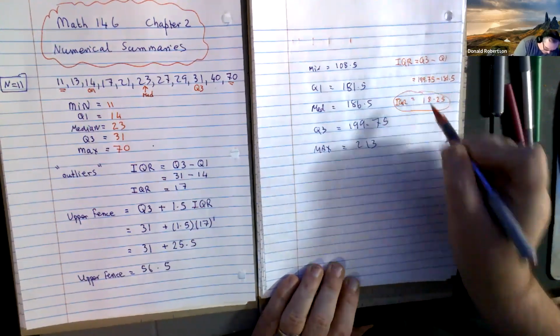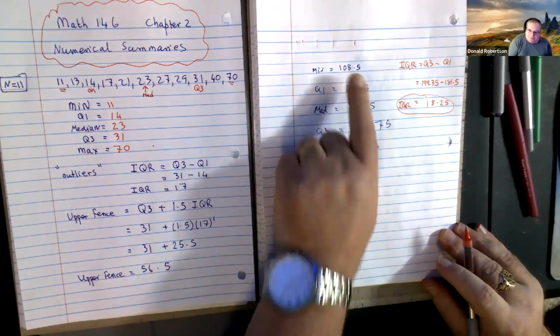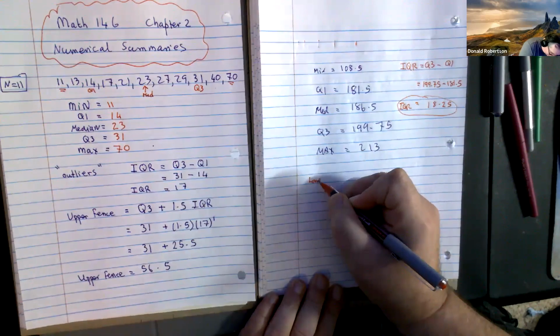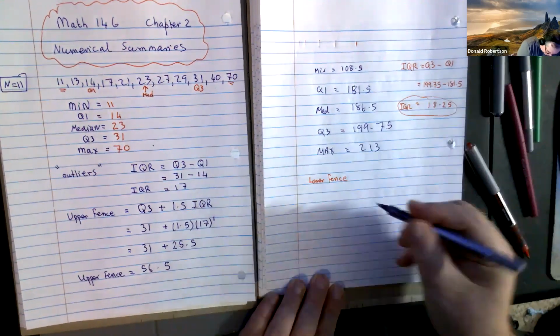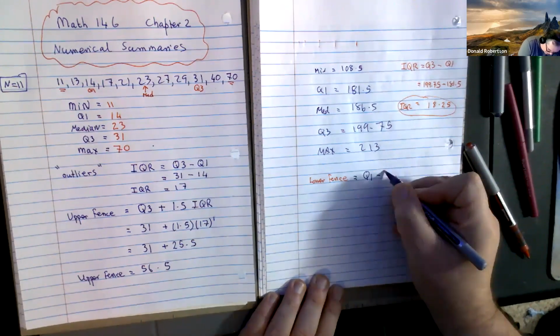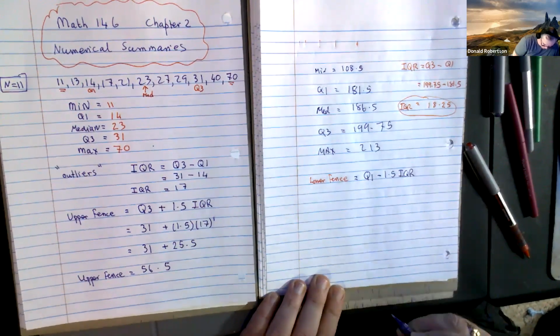Now, let's check each one singularly. Let's go for the very light person. So we're going to get what's called the lower fence. And the formula for the lower fence is Q1 take away 1.5 interquartile ranges.